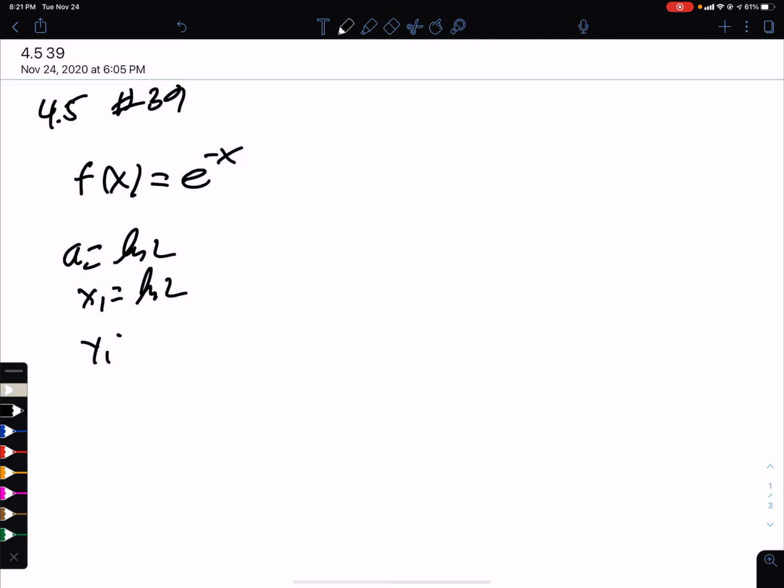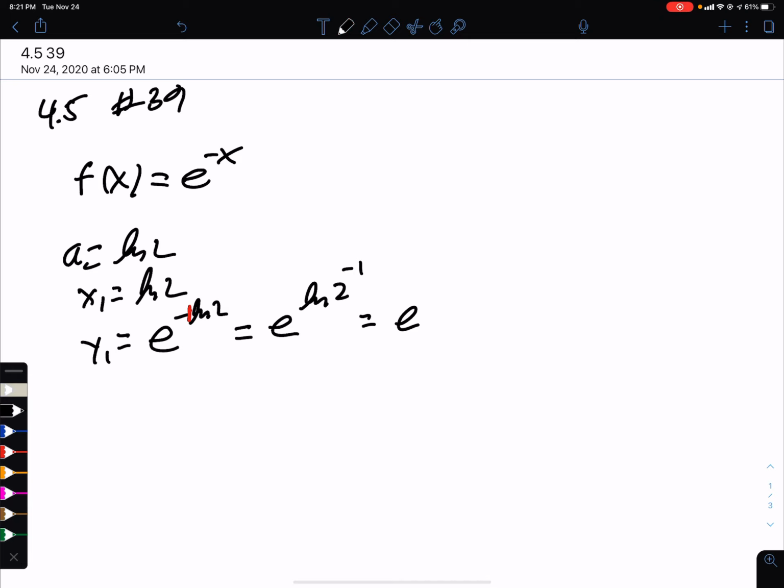To find our y1, we have to plug that into our function. Here's when we have to do some fancy algebra. Remember, the coefficient in front of the log, we can move that to the exponent, or vice versa. So that's going to get us e to the ln of 2 to the negative 1, because there's an imaginary 1 there that you don't see.